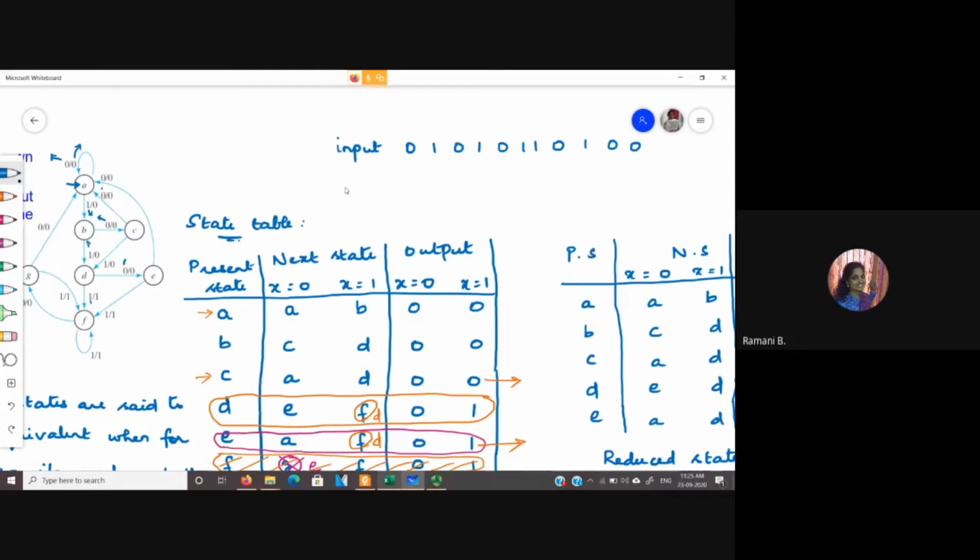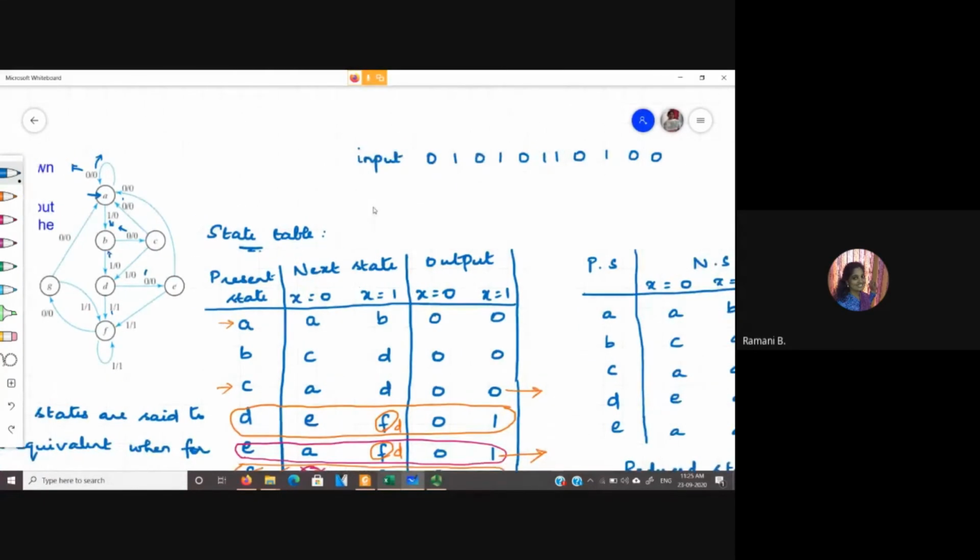Okay, so for this particular state diagram and this input, what is our case? Let us consider that we start from state A. When the input is 0, I remain in state A and the output is 0.